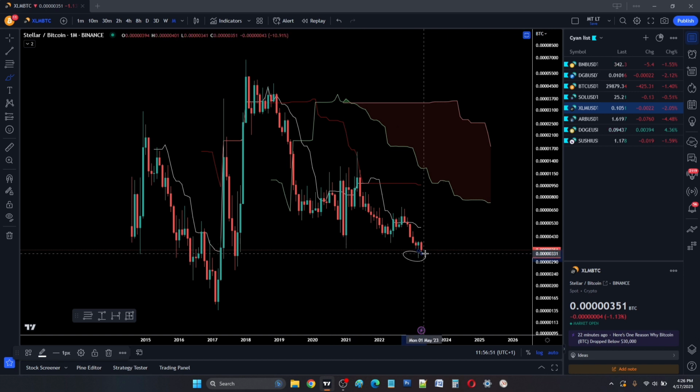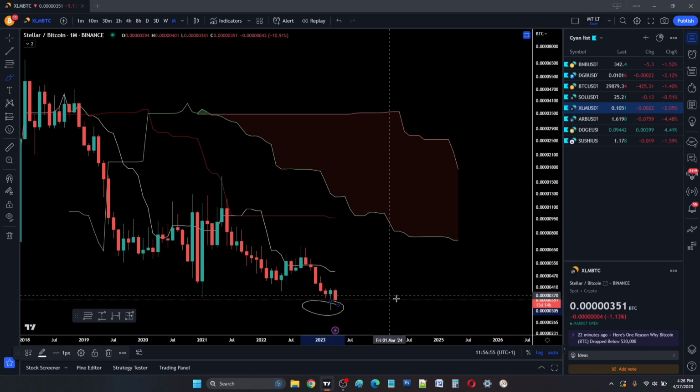For one Bitcoin you can get so many Stellar Lumens right now, so potentially it is a great opportunity to multiply our Bitcoins. For example, if you buy right now and go back to the previous highs, which were at 1600 sats, you will be 4xing your BTC stack.